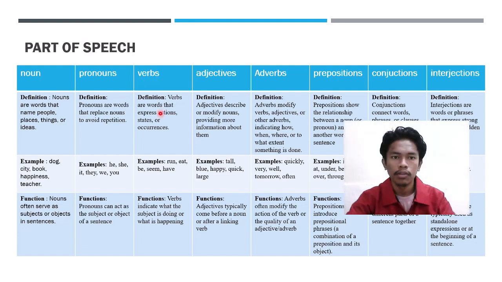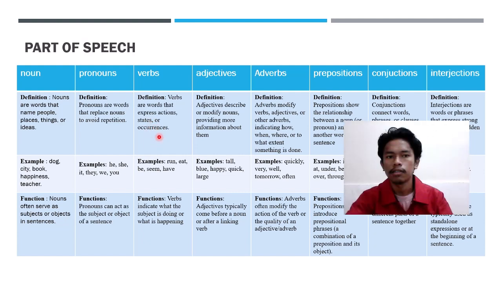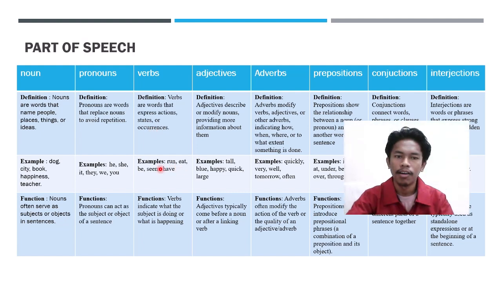Verbs are words that express actions, states, or occurrences. Examples: run, eat, swim, have, go, and so on. In other words, verbs indicate what the subject is doing or what is happening.